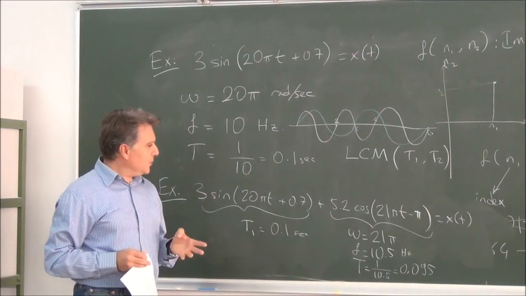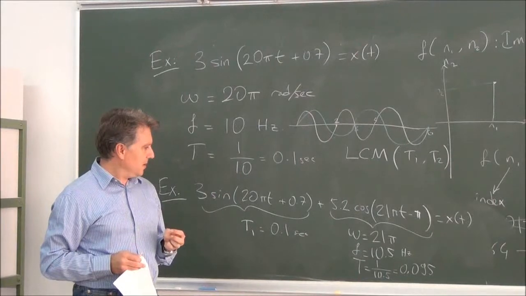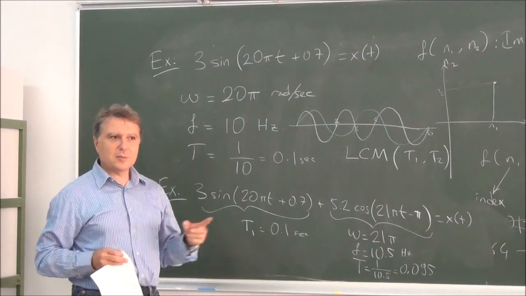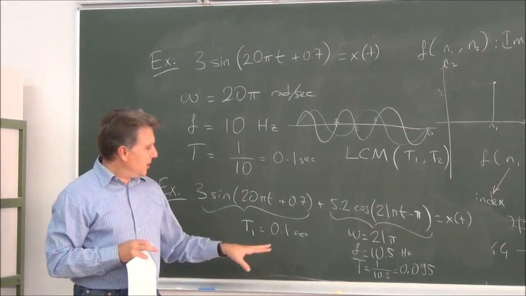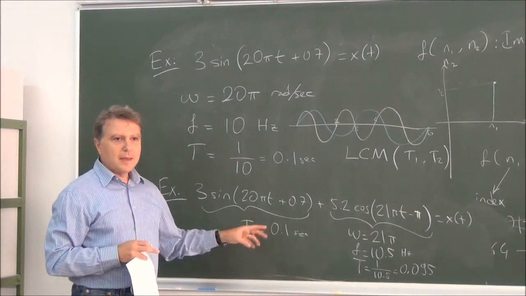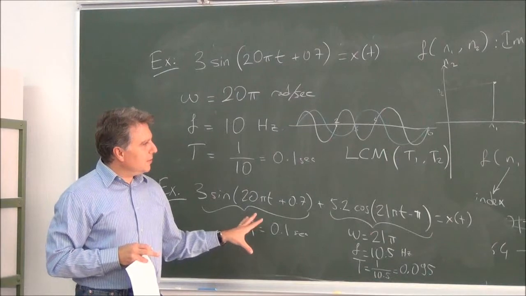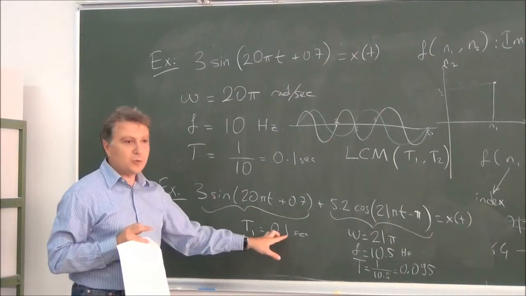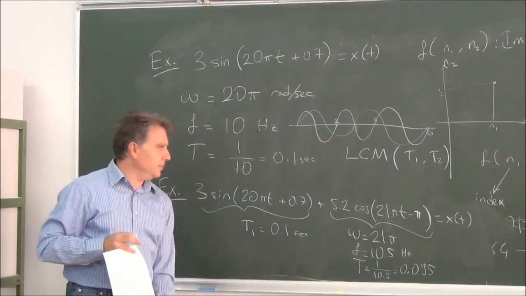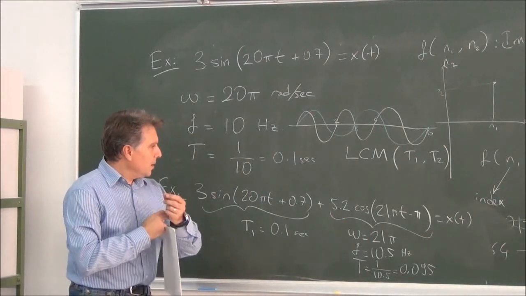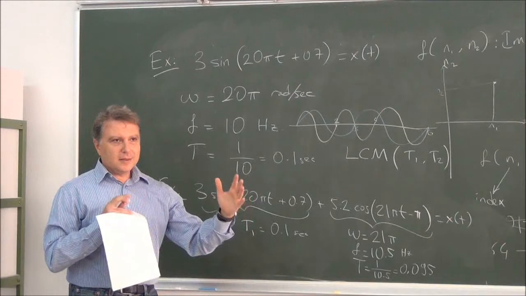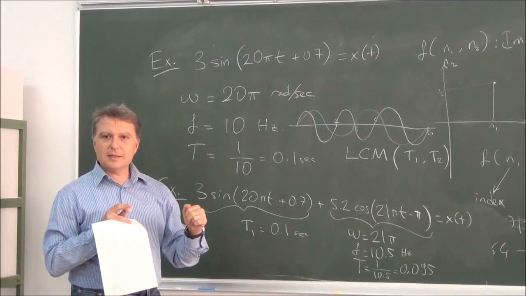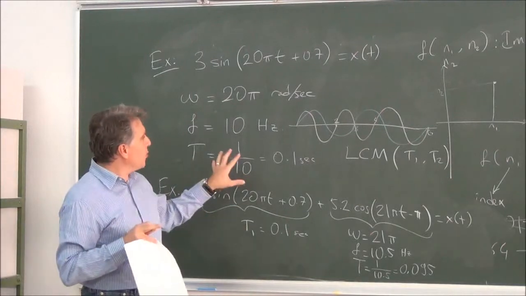And I guess it will be quite a large number. The least common multiple will make this t a huge number as compared to 0.1. It will be much larger than that. And when you find that least common multiple, it will be the period of the combination.